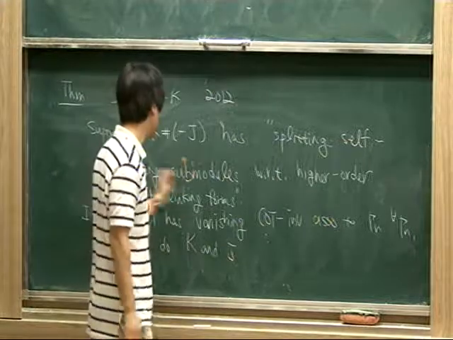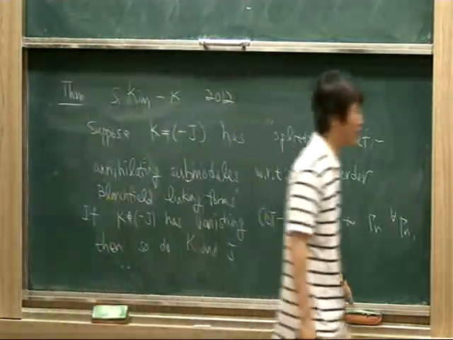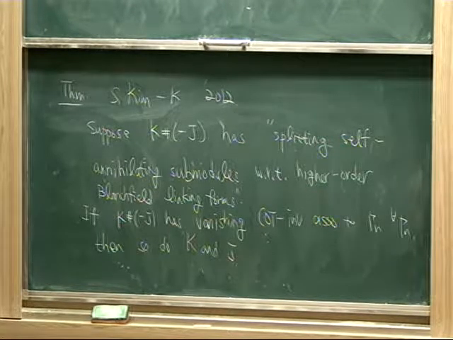So what does that mean? Having splitting self-annihilating submodules with respect to higher order Blanchfield linking forms. This is somewhat technical, and I'm going to give you just the definition of this terminology for the first level.